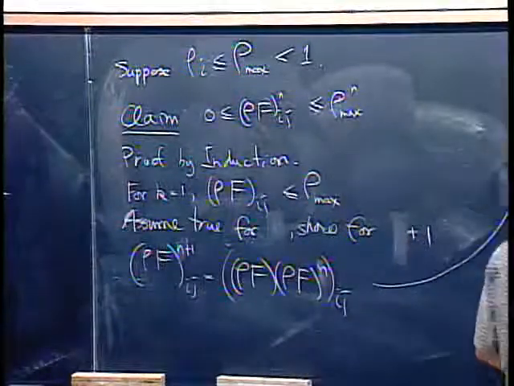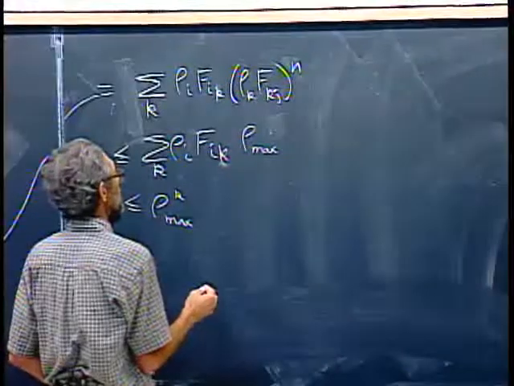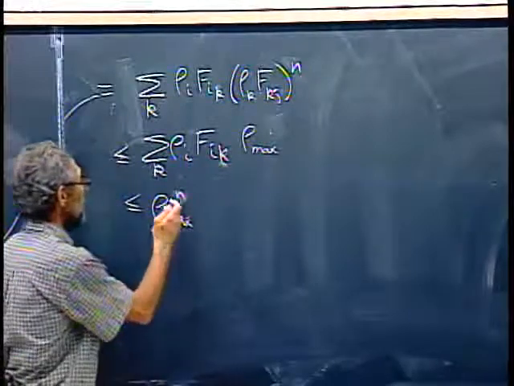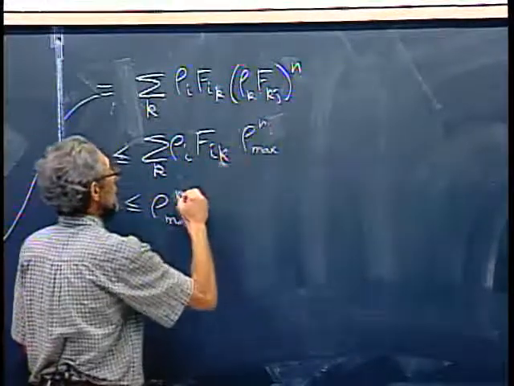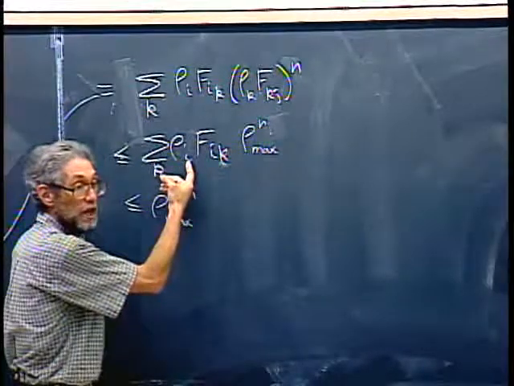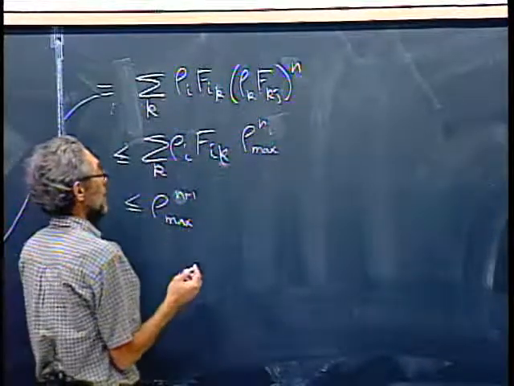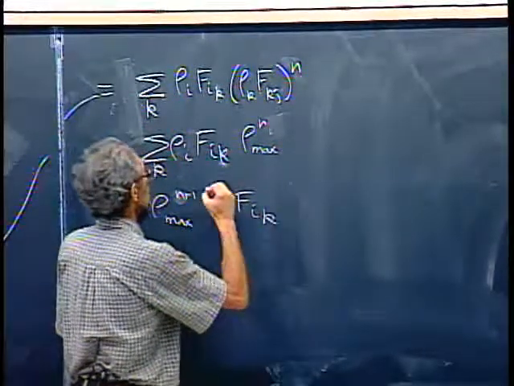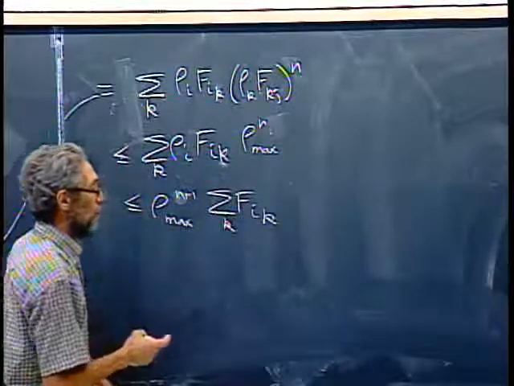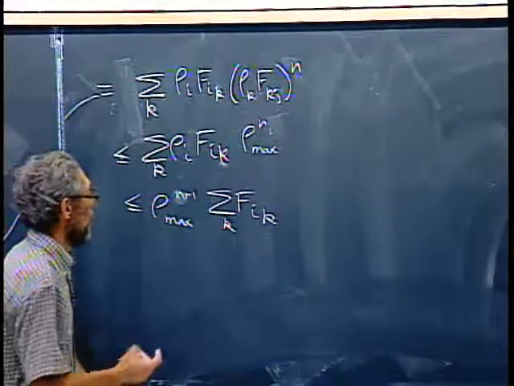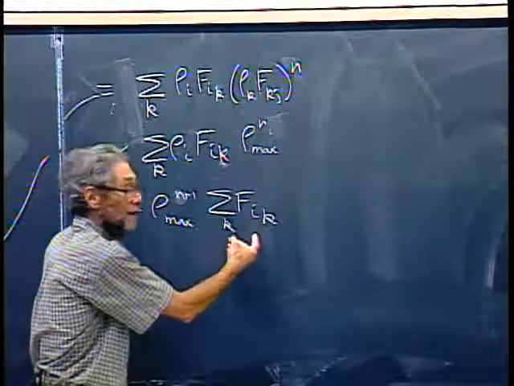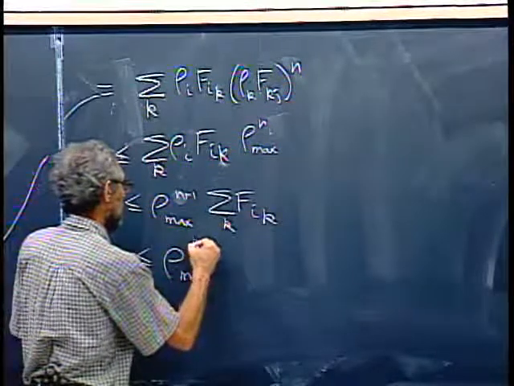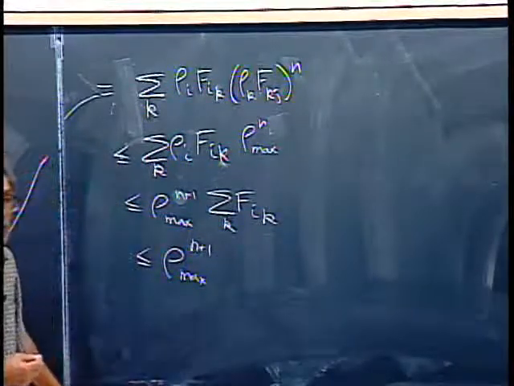Okay, now I'm okay. Because rho i is less than or equal to the maximum, I'm factoring out this constant. This was n, and now it's n plus 1. And now I have the sum of Fik over k. But by property 2 on the other board, that's less than or equal to 1. So this has got to be less than or equal to rho max to the n plus 1. And that's what I was trying to prove by induction.